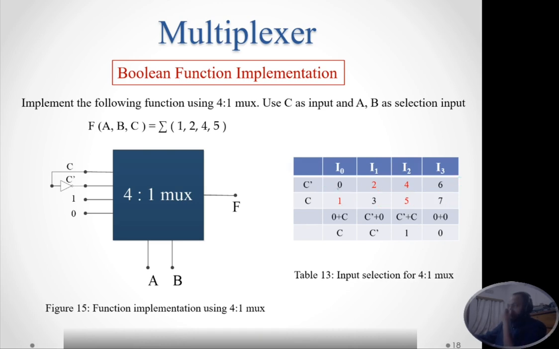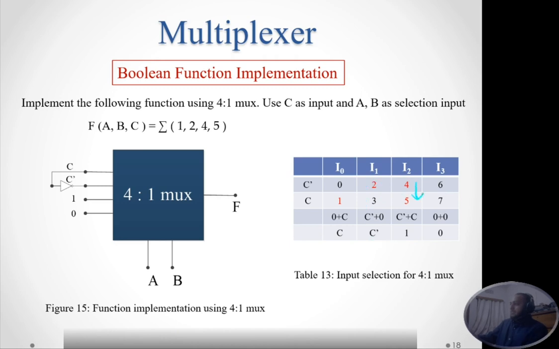After that we need to mark in which positions output is 1. So in these positions our output is 1: 1, 2, 4, 5. Now we need to apply OR operations column wise. From the first column we can see we don't have any 1 in this position, but we have 1 in this position, so we can write 0 plus C equals to C. For the second column we have 1 in this position, but we don't have 1 in this position, so we will write C prime plus 0 equals to C prime.